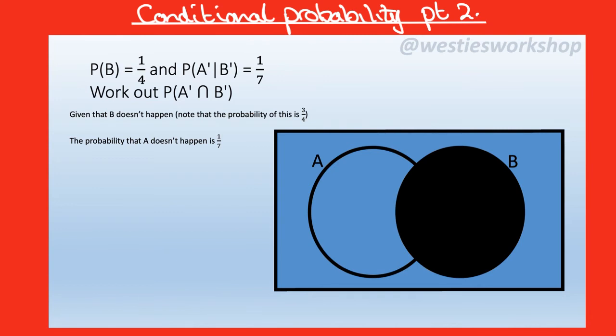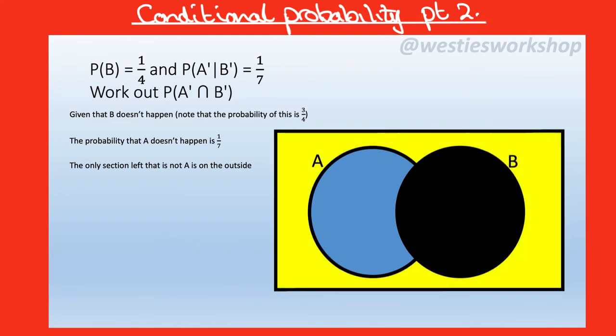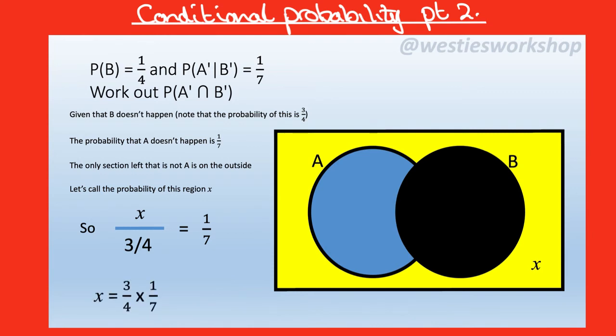The only section left is not A on the outside. Let's call the probability of this region X. So X over 3/4 is equal to 1/7. So X is equal to 3/4 times a seventh, which is equal to 3/28.